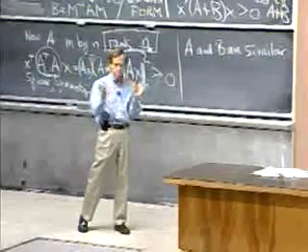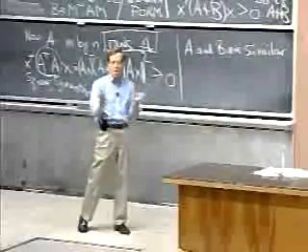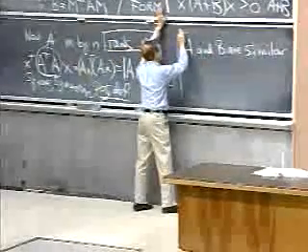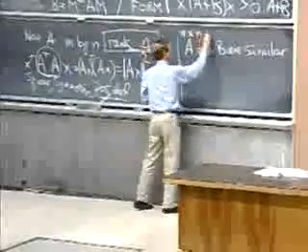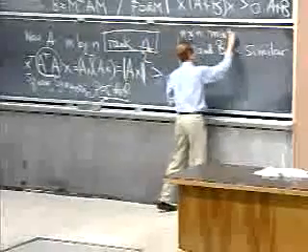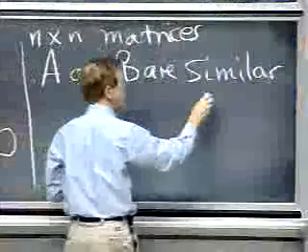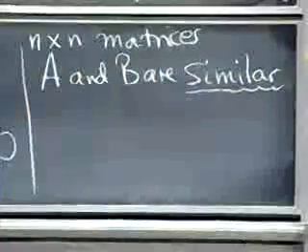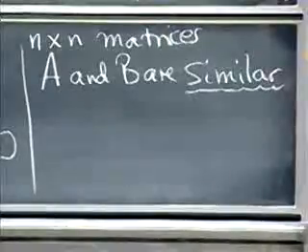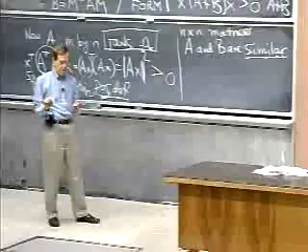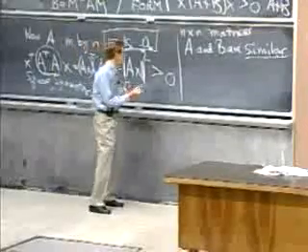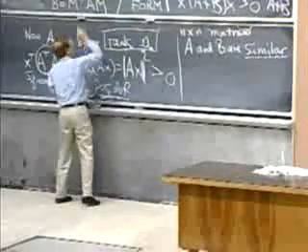I'm talking about two square matrices, n by n. A and B, they're n by n matrices. And I'm introducing this word similar. So I'm going to say, what does it mean? It means that they're connected in the way I've written here, so let me rewrite it.